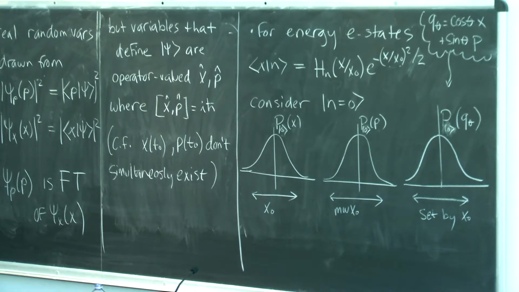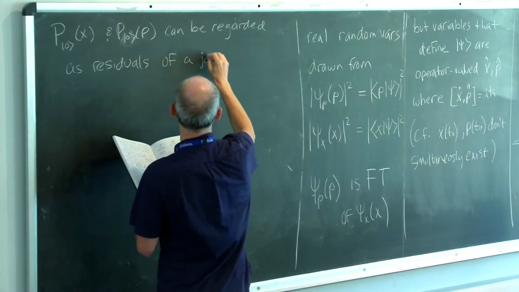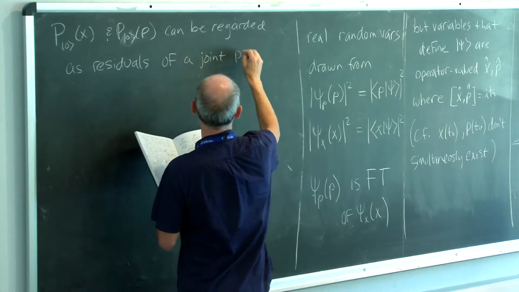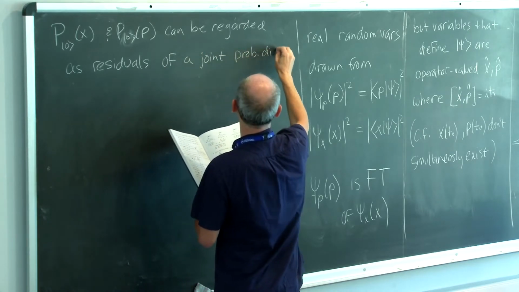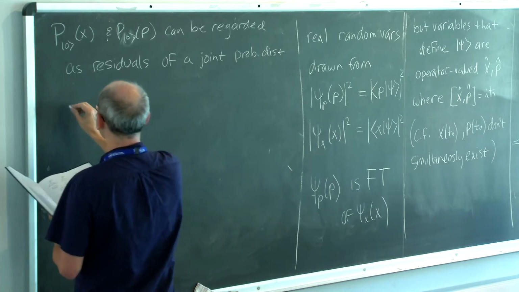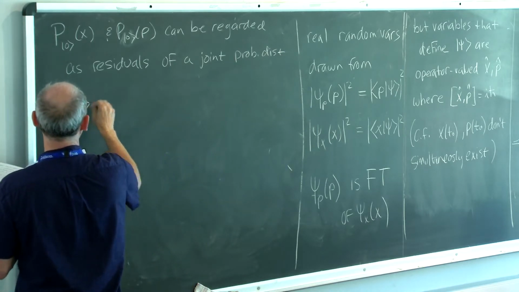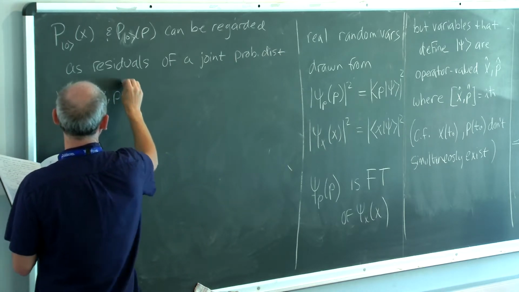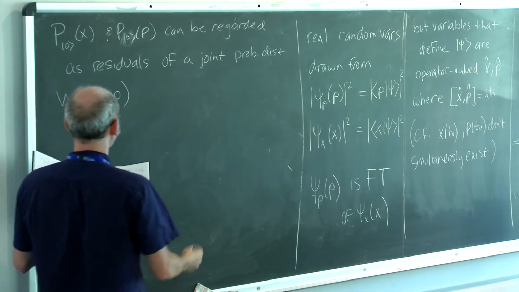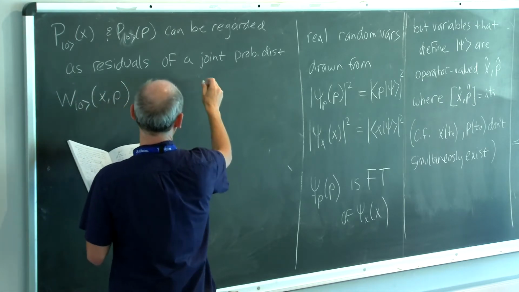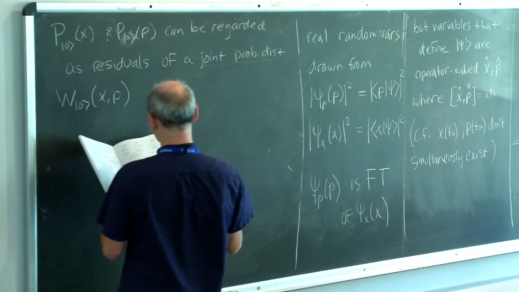Because of their form, we can regard them as residuals, and I'll explain in a minute what this means if this isn't a familiar term, of a joint probability function that I'll call the W function associated with this state, which is a function of x and p, whose meaning is, so now I'm going to define what I mean by a joint probability distribution.